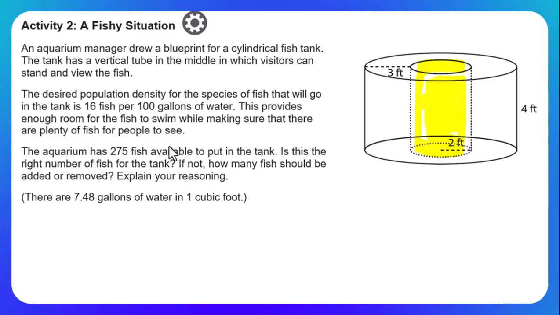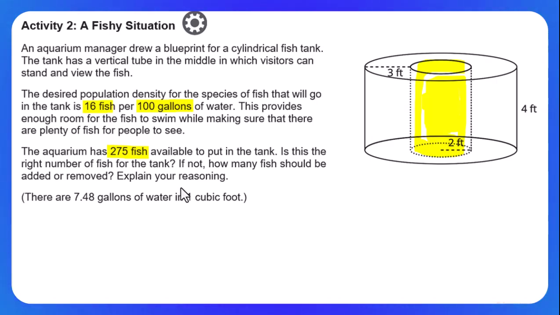Now that gives enough room for the fish to swim while making sure that there are plenty of fish for people to see. The aquarium has 275 fish available. Let me highlight this information too. The tank is 16 fish per 100 gallons of water.